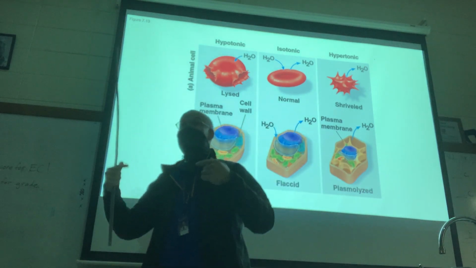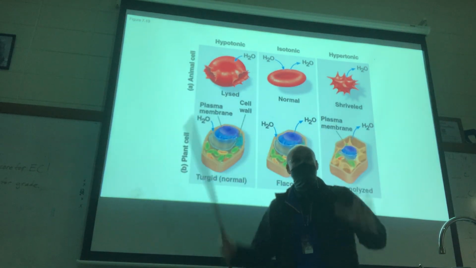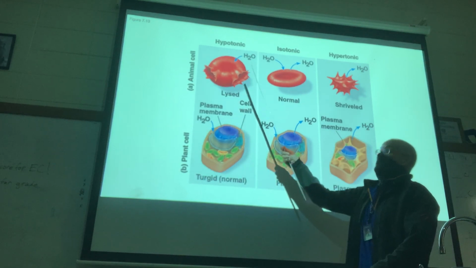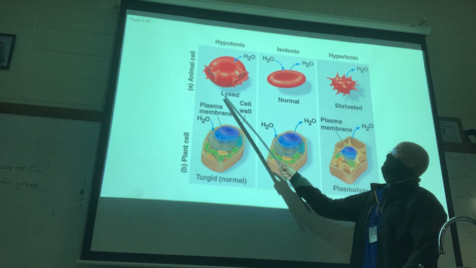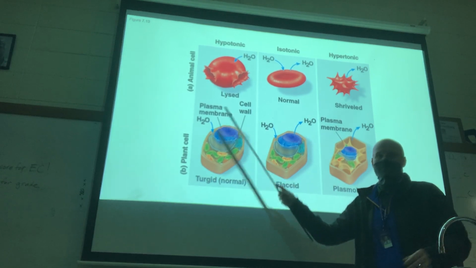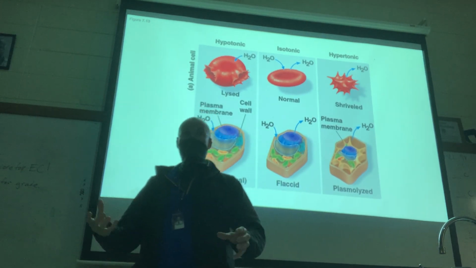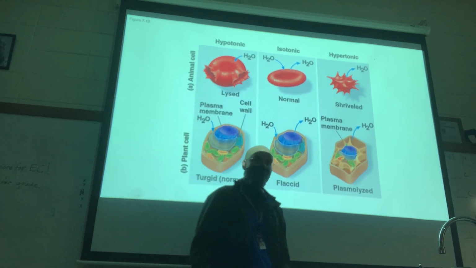Inside. It's going to go into the cell, and it won't stop moving into the cell until it can burst the cell, which we use the term lyses the cell. So your cells can actually burst open in pure water.